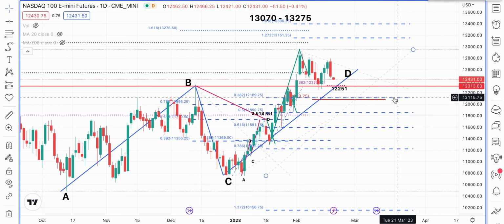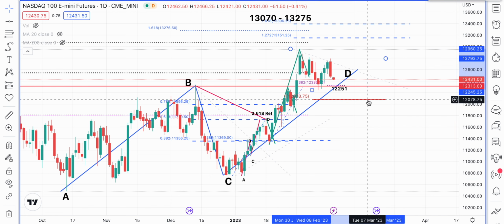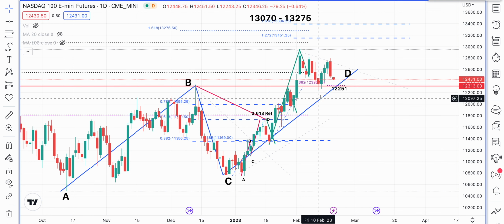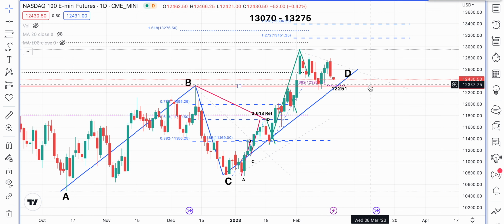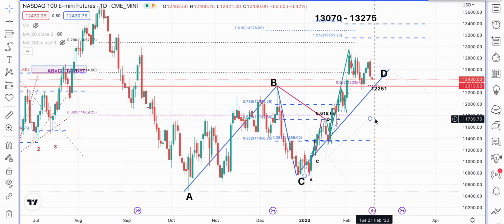So these confluence points could mark this as an important level to watch. However, I'm going to delete this for now, and the reason is that we'll take things one by one, and we'll just watch for whether this 12,300 level is breached to the downside.